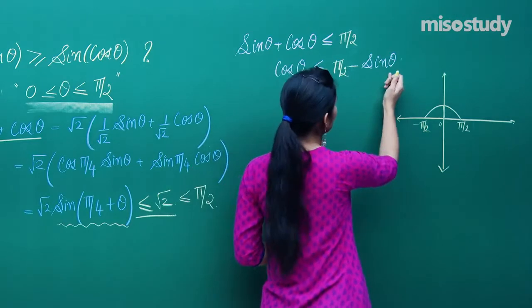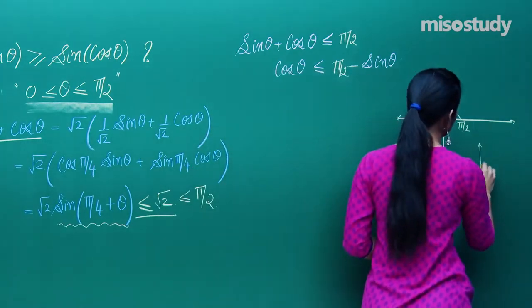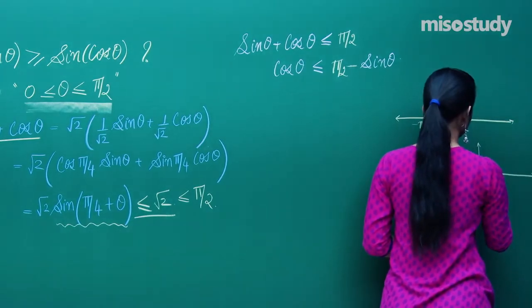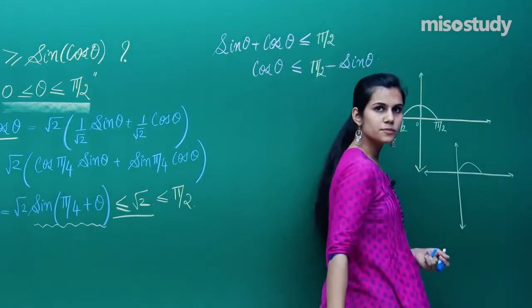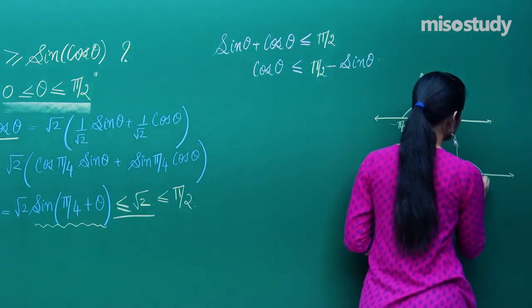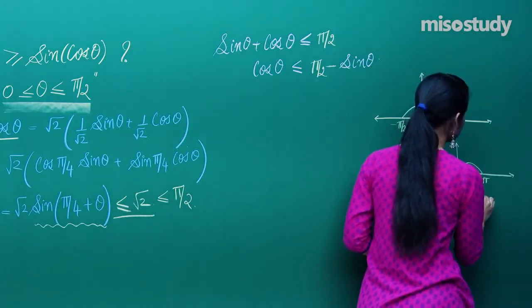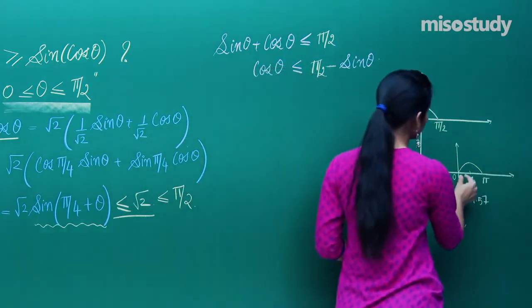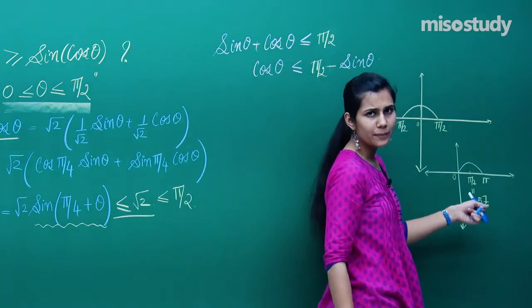Over here also you are going to see this is how the sine function is from 0 to pi. At pi by 2 it's 1, pi by 2 is 1.57. Fine. So cos theta is lying from 0 to 1, somewhere between 0 to pi by 2 only.